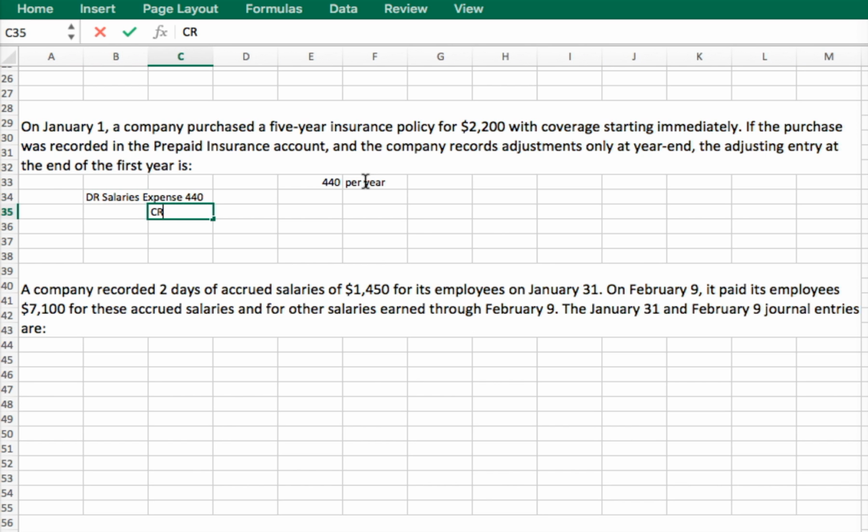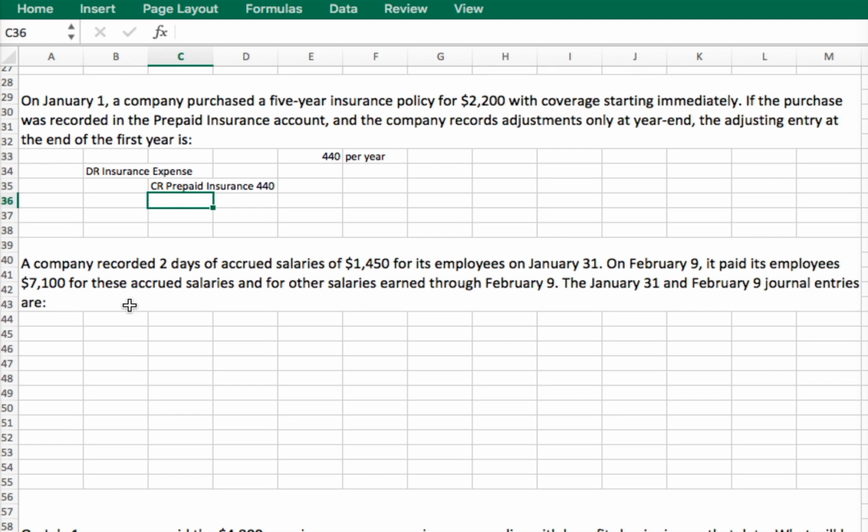In this case, that wouldn't be salaries expense, sorry. Insurance expense. And then we're going to credit prepaid insurance to show that we've reduced the amount in prepaid insurance by 440. Most of you all did fairly well on that. I know we covered at least a couple examples in the class of that, so hopefully that helped. And I should have put the amount there on the top.